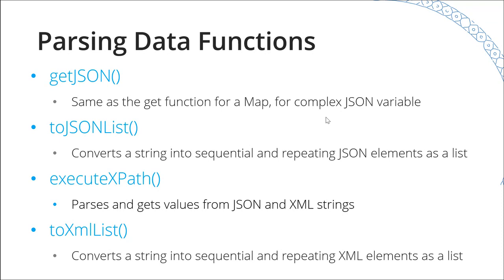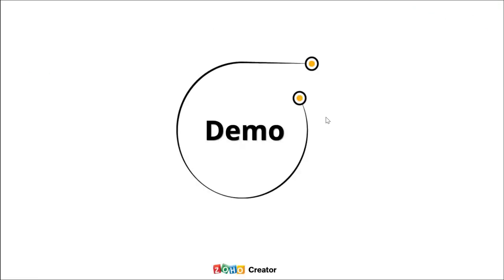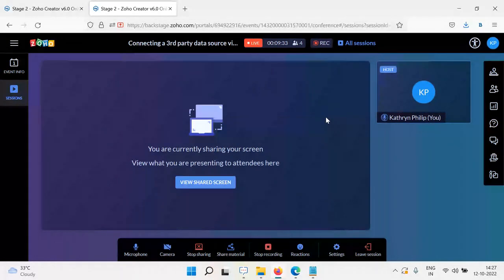For example, if you take the to XML list, it converts a string into sequential and repeating XML elements as a list. So just need to be aware of all of this before we can write a piece of code with respect to APIs, right? So let's just directly jump into the demo and see how all of this is possible.